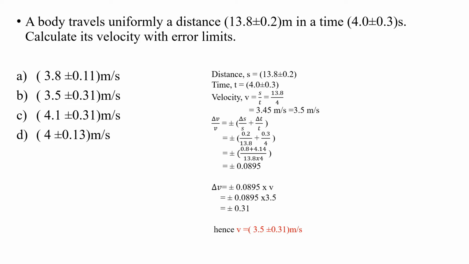The question once again: a body travels uniformly a distance 13.8 plus or minus 0.2 meter in a time 4 plus or minus 0.3 second. The velocity with error limits is option B, 3.5 plus or minus 0.31 meter per second.